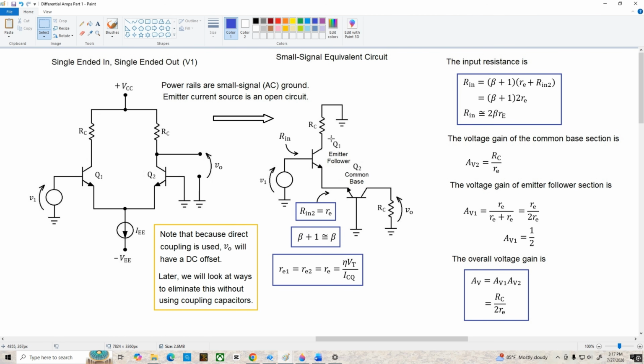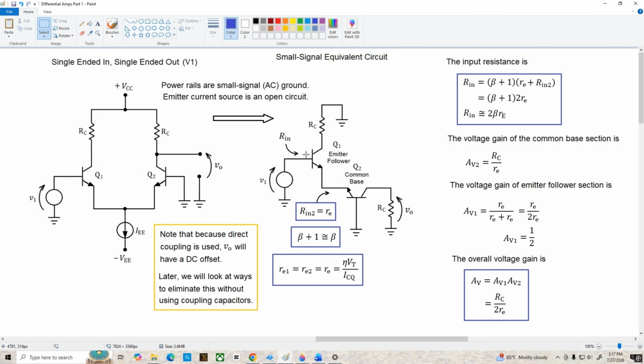And now if we come over to the emitter follower section, remember normally we'd assume the gain of the emitter follower is about 1, but in this case it's going to work out to be 1/2, and we'll see why in a minute. But the load on the emitter follower is the input resistance to the common base amplifier. They both have the same little re values, re1 equals re2 equals little re.